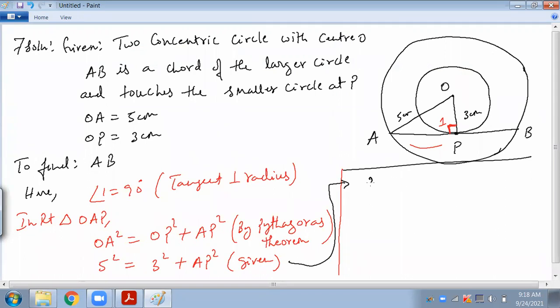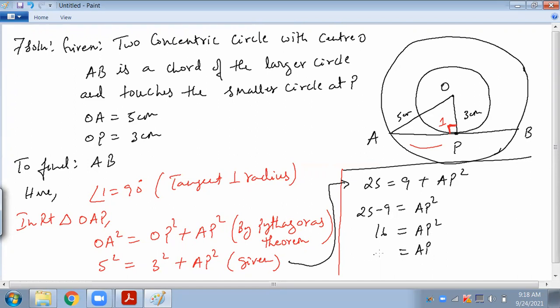5 square is 25, equal to 3 square, which is 9, plus AP square. Now we're going to find AP, so take this 9 to the other side. 25 minus 9 is 16.